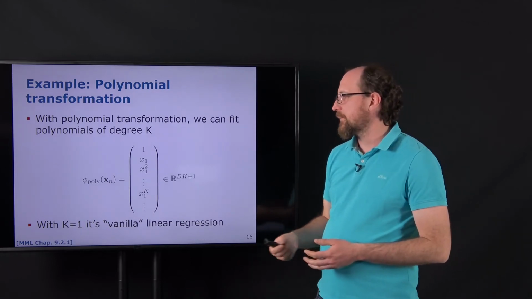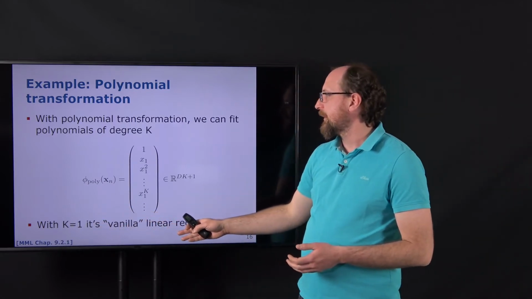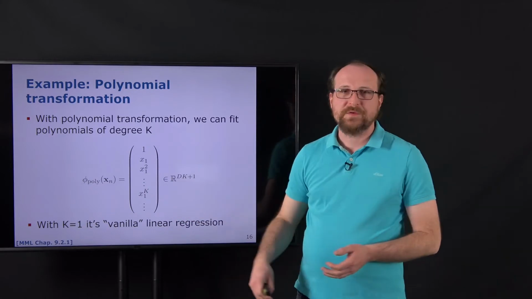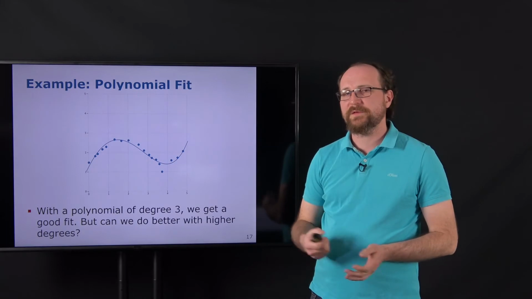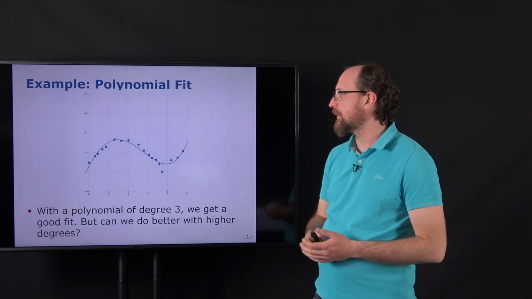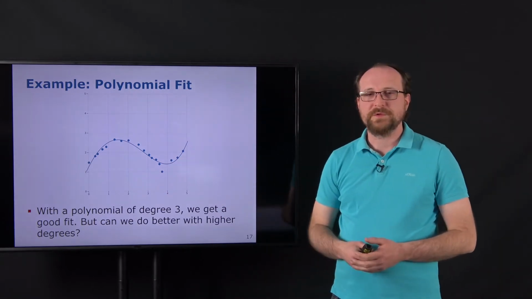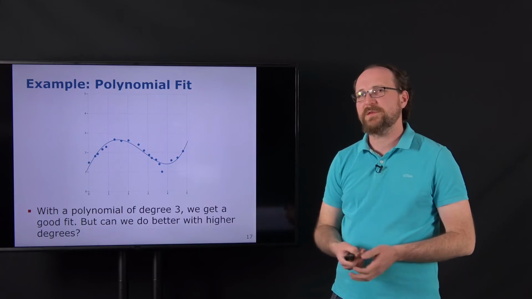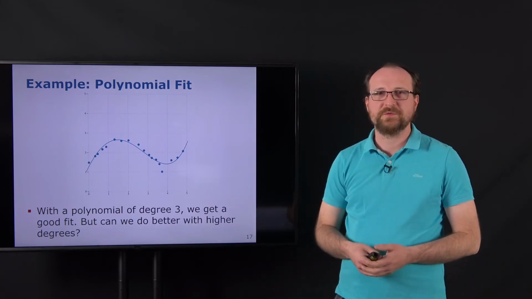And when you now use the degree 1, so we just have k equals 1, then we just have the original feature vector in the end. And this results in such fits. For instance, for degree 3, we can then fit the data that we saw before quite reasonably. But the question is now, maybe we can do better by using a larger degree.